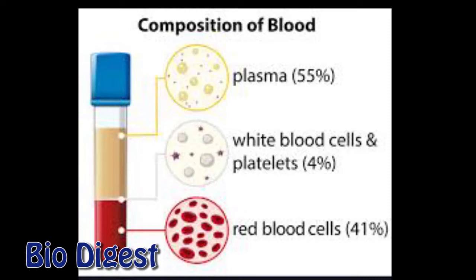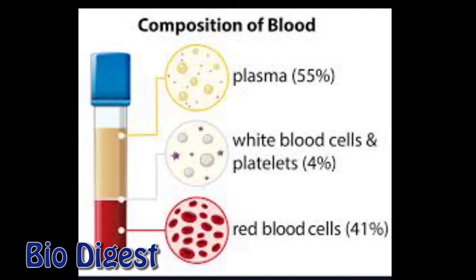The blood consists of a fluid part called plasma, which constitutes 55 to 60% of the blood. Along with that, cellular elements are also present, which make up 40 to 45% of the blood, which includes RBCs or erythrocytes, then WBCs and blood platelets.